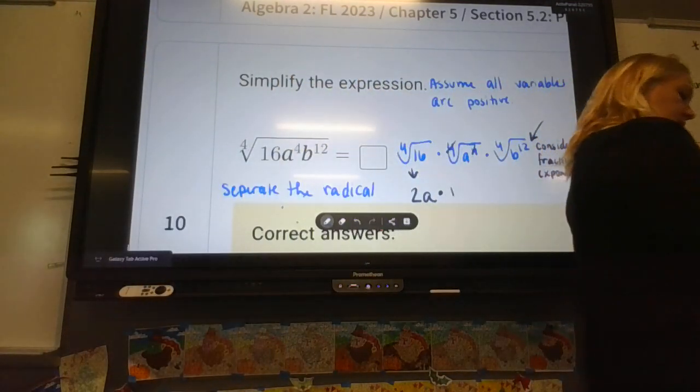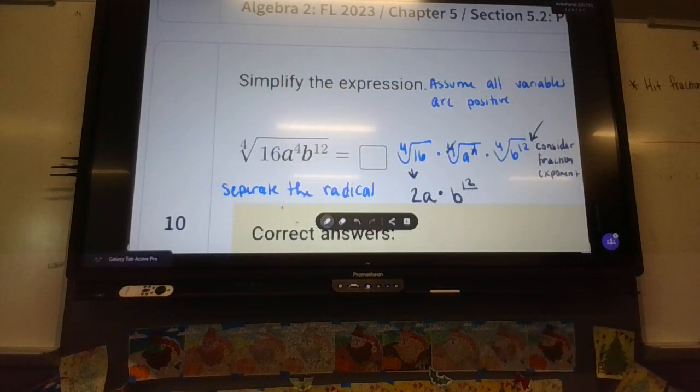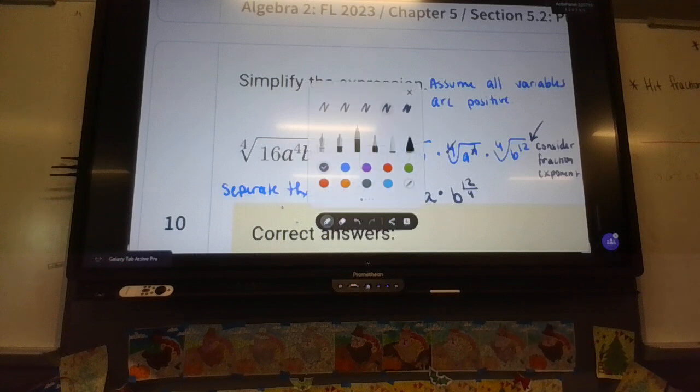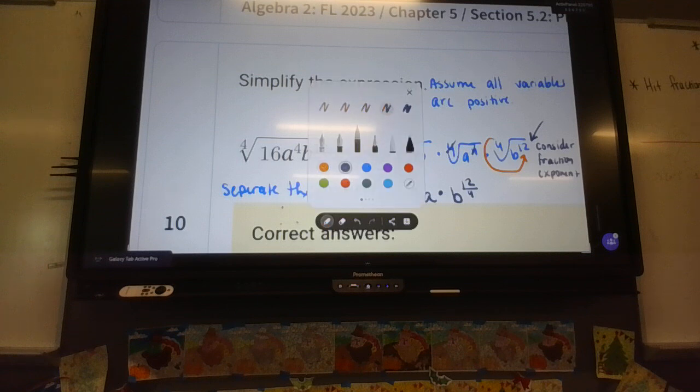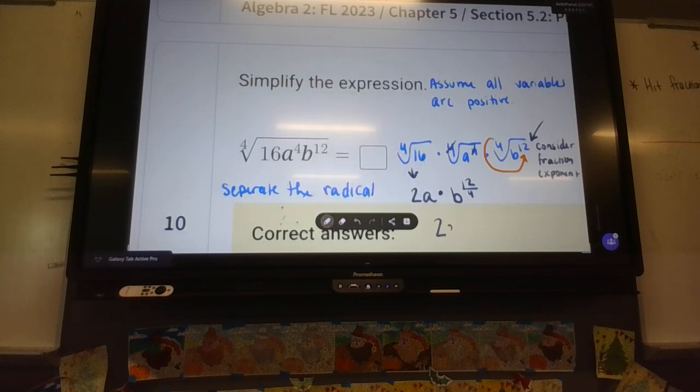This is b to the 12 over 4. If you bring the 4 down and around and make it a denominator, that's b to the 12 over 4. So this is 2ab to the third. And that would be marked right.